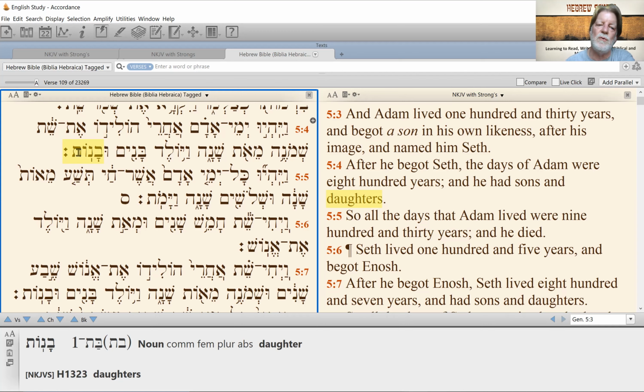So banot is not like feminine sons, but well, I guess in a way it is. This is the typical word for daughters. So yeah, Adam had sons and daughters. And Adam was like 130 years old when he gave birth to Seth.